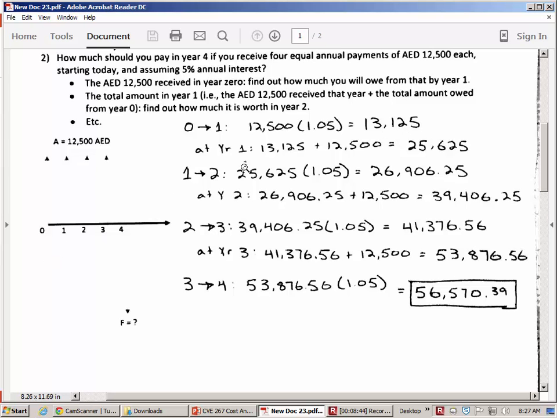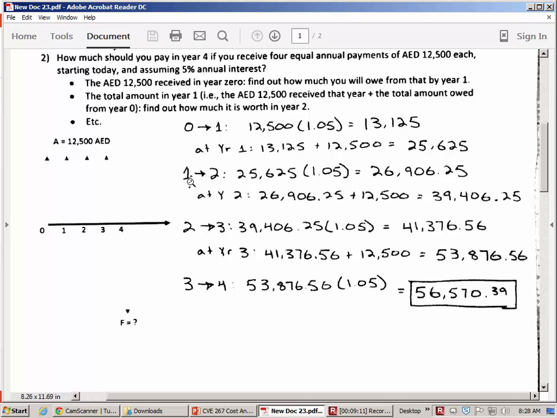And so then you combine that with the amount you receive in year 1, which is 12,500. And now in year 1, that total amount that you owe the bank, or whoever you're borrowing the money from, is 25,625. And then that whole amount has to be carried into year 2.